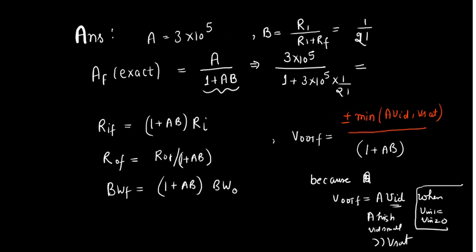It's very simple. A is given to you. B is your feedback circuit gain, correct? 1 upon 21.